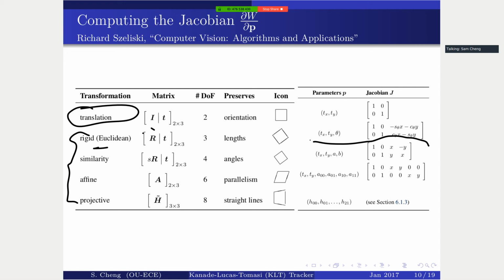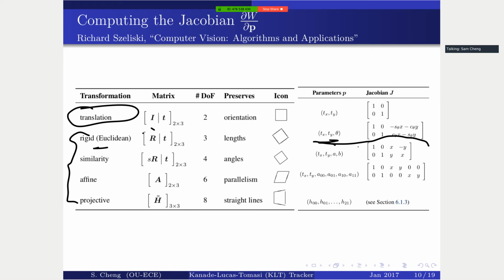And the warping, the key idea here is that I want to find these warping parameters, right? So I have a model to warp my current image into the template. And then I want to find what kind of parameters will match with that template.